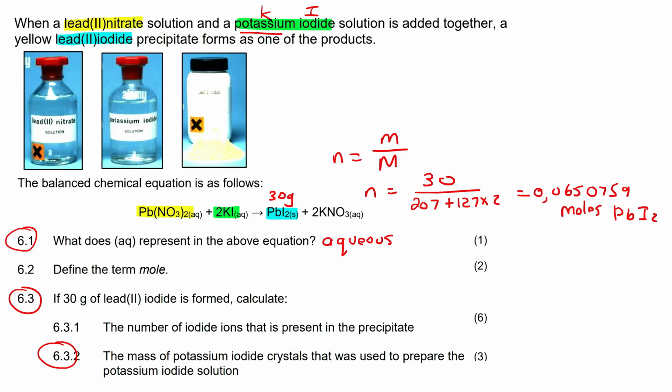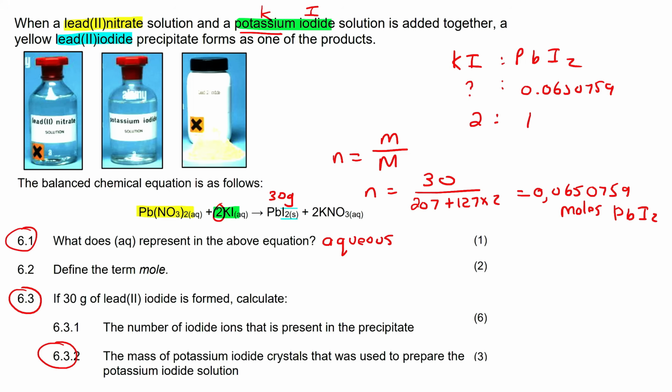So we have the moles of lead iodide. So if we look at the ratio of PbI2 to potassium iodide, let's just quickly write this down. We have 0.0650759, and then the moles of this one we don't know. And we can see from the balanced equation that the ratio is 2 of these for every one of these.